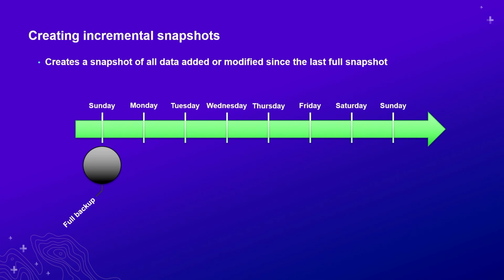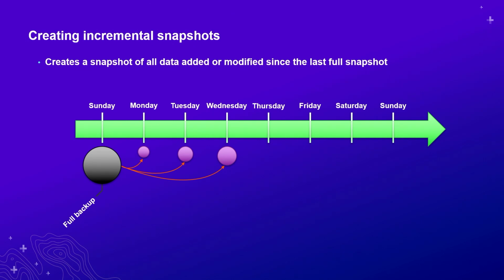So typically, you're going to have a schedule to assist you in managing when these backups are created and when they're applied. For example, I have a full backup that's created on Sunday. As I go through the week, I'm creating incremental backups.